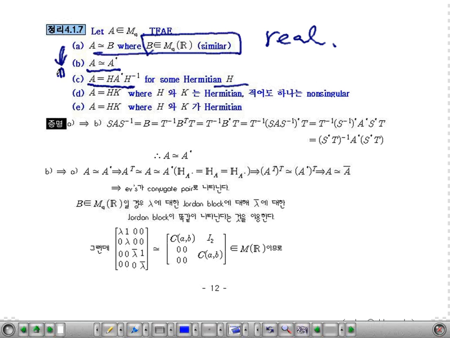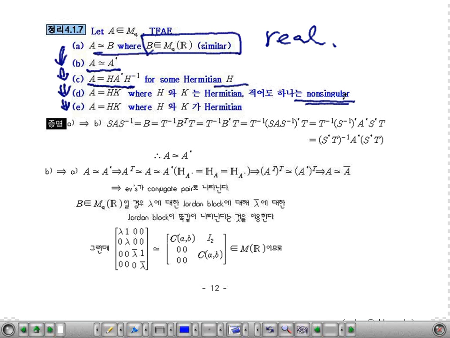And then A can be written as the product of two Hermitian matrices, one of which is non-singular. Then A can be written as the product of two Hermitian matrices. This is trivial because it has a weaker condition, so that is true.